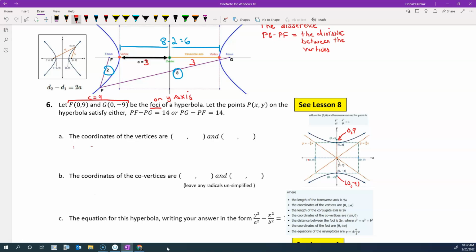Now the vertices are represented by A. So we're going to use the property that we just did in the last problem. If I subtract the two distances, I know that that's equal to the distance between the two vertices. So this distance is equal to 2A. 2A is the distance between the vertices.